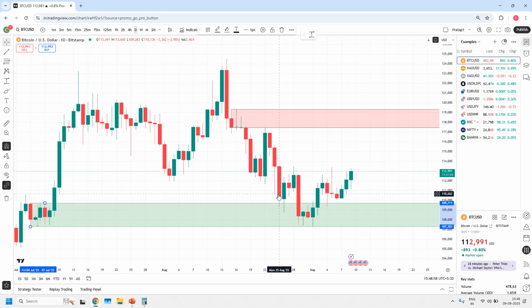For people with 0 to 3 or 4 years of supply demand zone experience, don't go for 1:2.5 reward. Go only for minimum 1:3. Maximum can be anything. If minimum 1:3 is there, then you accept the trade. Otherwise, don't accept the trade.